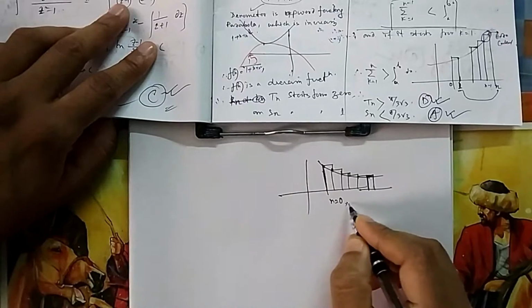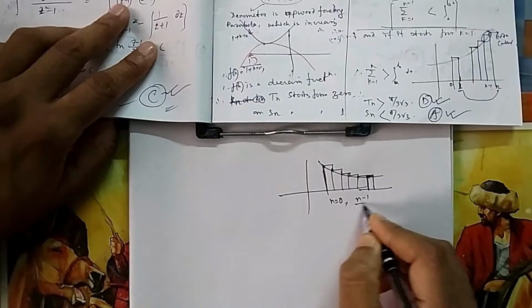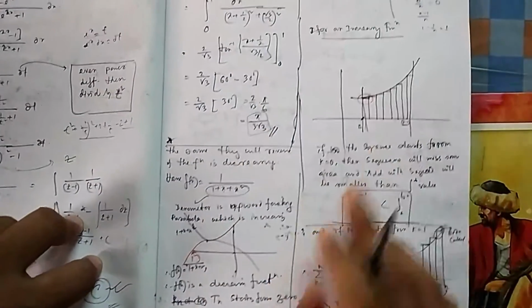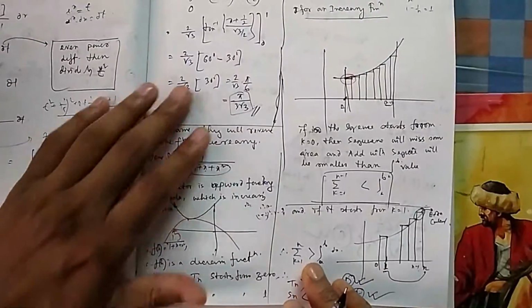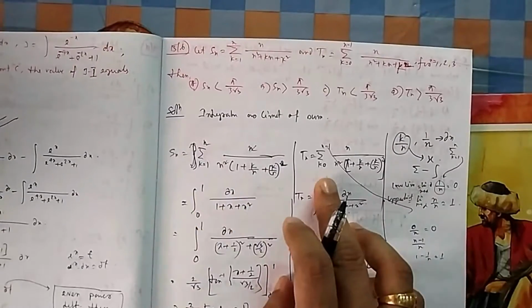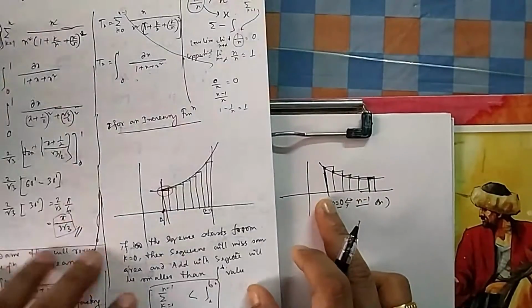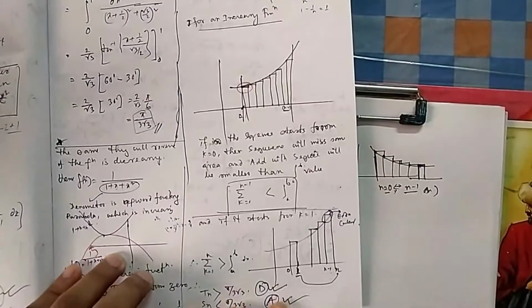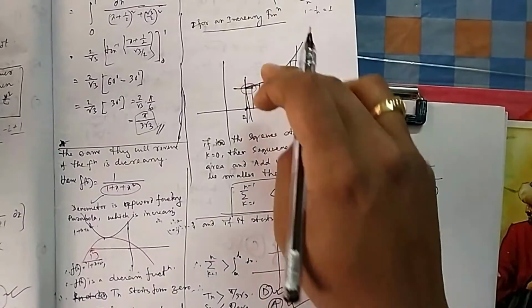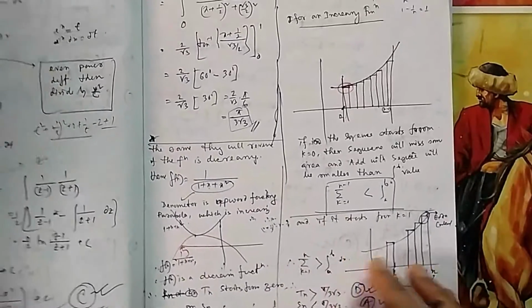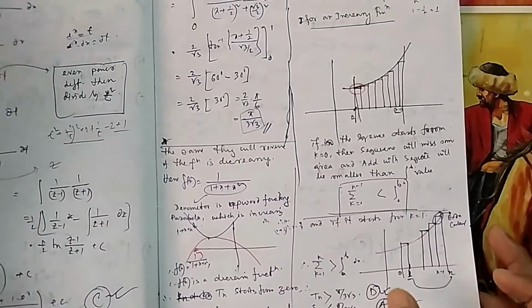So from 0 to n minus 1, your area will be more than the required area, opposite to the increasing case. That means Tn, which is from 0 to n minus 1, will be greater because it is a decreasing function. So Tn will be greater and Sn will be smaller, just opposite to an increasing function. This theory we have discussed; you check that theory and you will find it. That's why options D and A are both correct.